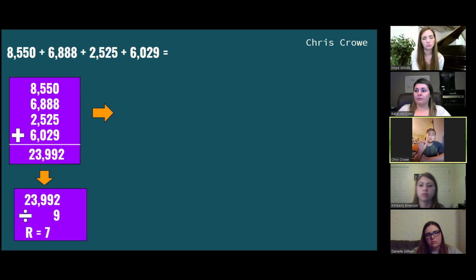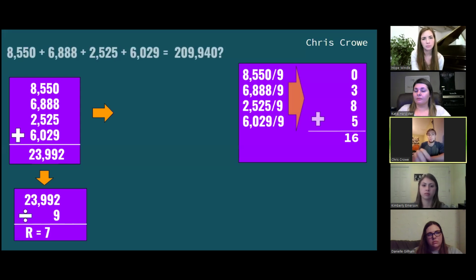So now that we have the remainder for the simple addition part, we're going to take every single one of the original addition numbers, bring them over, and divide all of them by 9. Once we have their remainder numbers, we add them all together to get our next sum total, which in this case is going to be 16. And then what else will we do but divide that sum total number by 9?